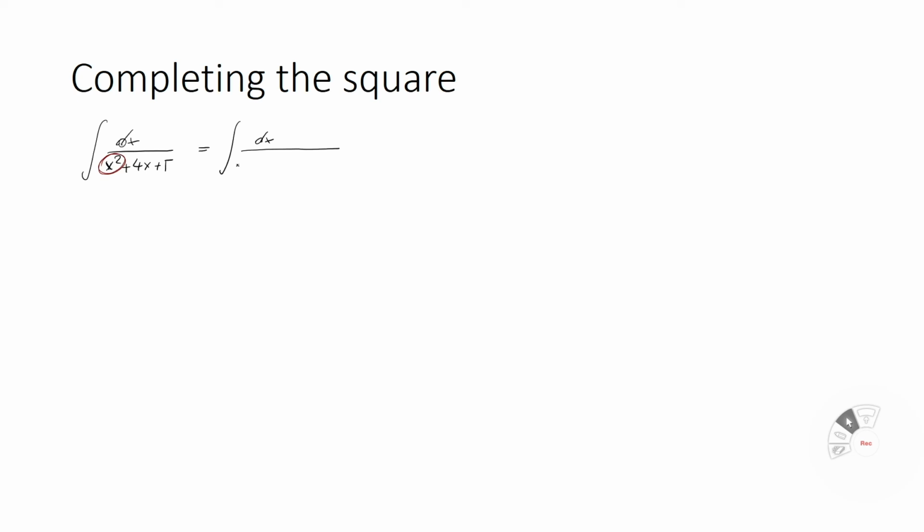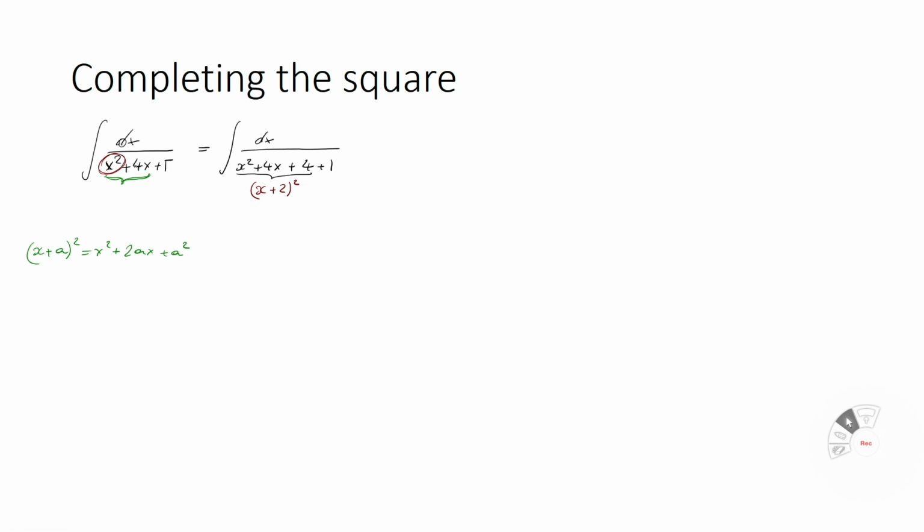So we can do, this is x squared plus 4x plus 4 plus 1. And then here we recognize that this is x plus 2 squared. So in order to do completing the square, what you basically end up doing is you look at x squared and 4x, and that tells you, well, if I have a square of this form, x plus a squared, then that's x squared plus 2ax plus a squared.